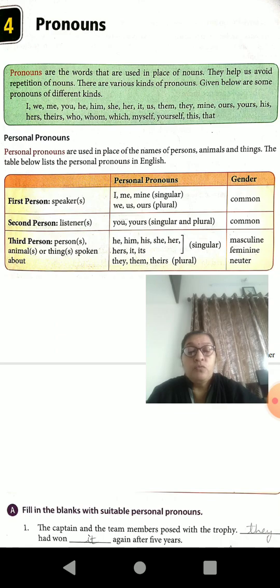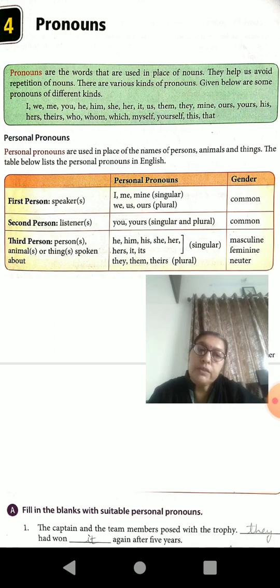So, first person I, me, it's singular. Its plural pronoun we, us, ours. For first person singular pronoun we use I, me, mine. Its plural we, us, ours. Second person you.